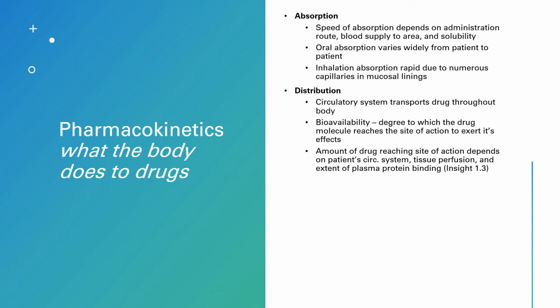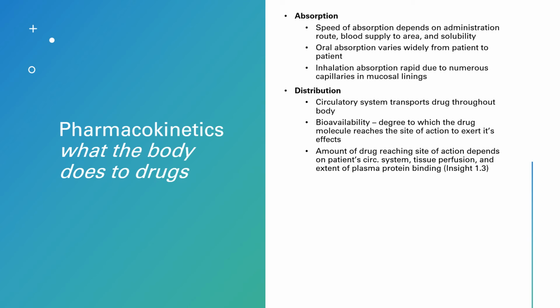So then we have distribution. The circulatory system transports the drug through the body. Eventually, the drug molecules diffuse out of the bloodstream and into their intended sites. Okay, so bioavailability. This is the degree to which the drug reaches its site to exert its effects.